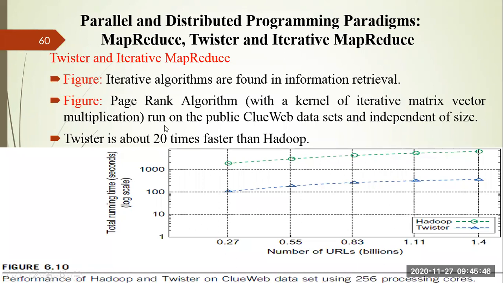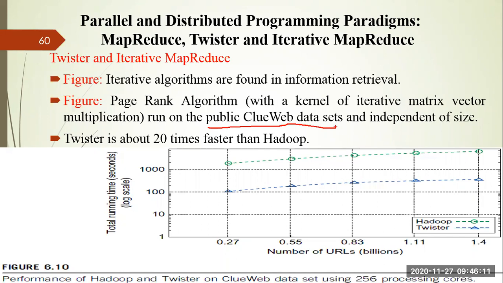If you want to run this algorithm on the public ClueWeb dataset, there is a dataset available called the public ClueWeb dataset. If you run this page rank algorithm on that, independent of the size, you can see Twister is about 20 times faster than Hadoop.